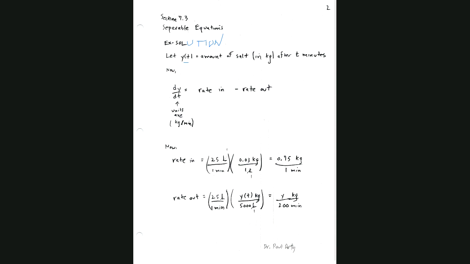All right, and we're interested in finding a differential equation for dy/dt. So the units for this rate are kilograms per minute. We want to find an expression for the rate at which salt enters the tank per minute.